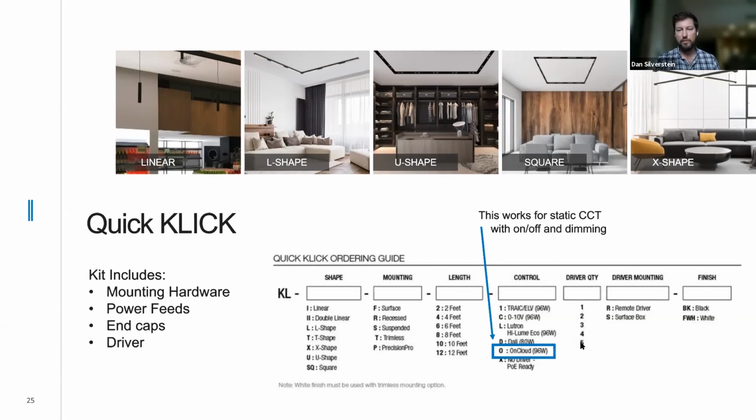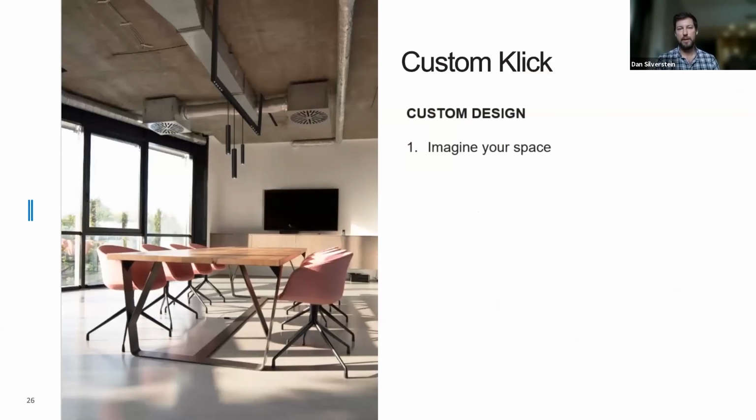Then you've got the number of drivers, driver mounting, and finish. If you want to have more segments controllable on OnCloud, so we don't just want to do the entire thing as one controlled segment, we want to say, hey, I'm doing a square and I want to control each side individually, then we're moving past what we support in the quick click options, and we move into custom click. Custom click is where we have a few steps.